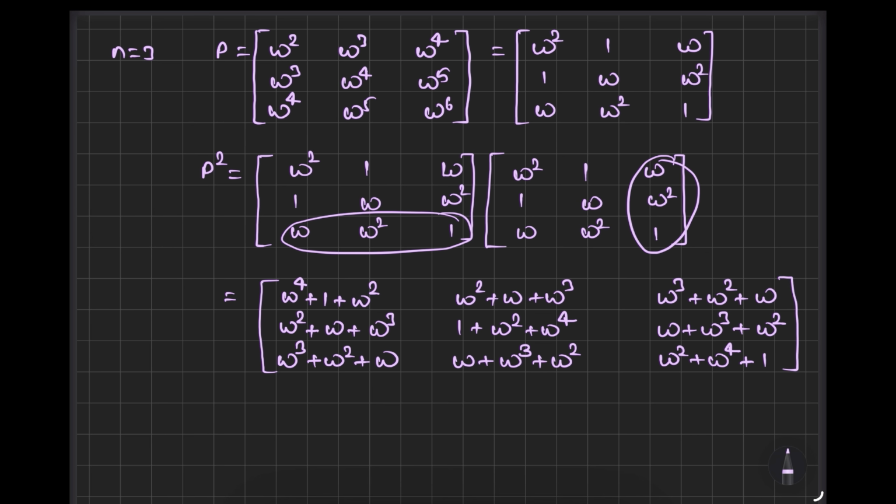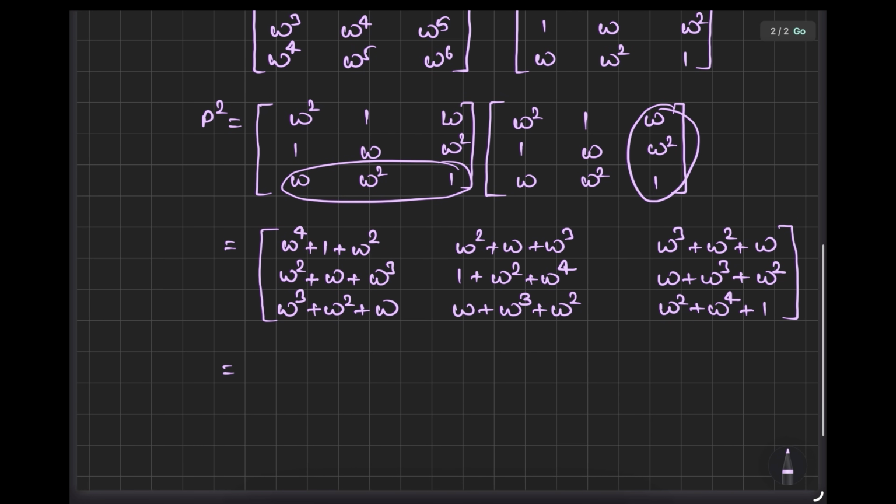Now solve this carefully. You know that omega power 4 is omega, so this becomes 1 plus omega plus omega square, which is 0. Omega cube is 1, so again 1 plus omega plus omega square is 0.